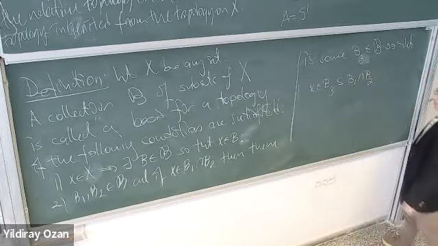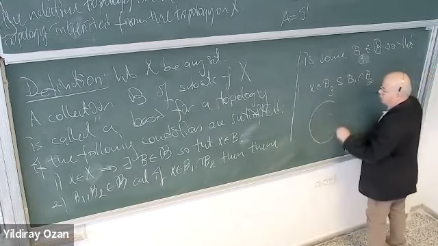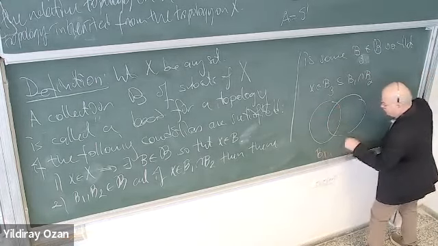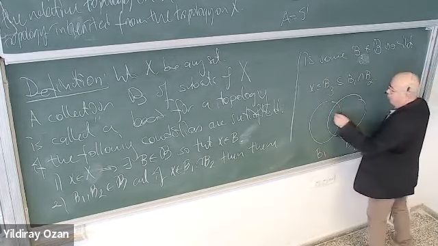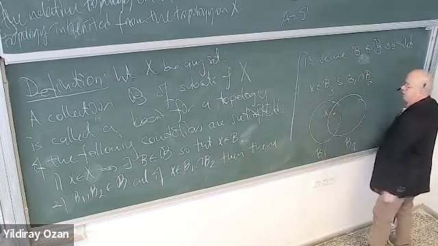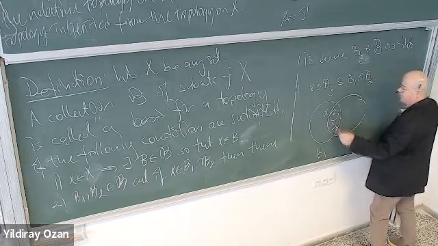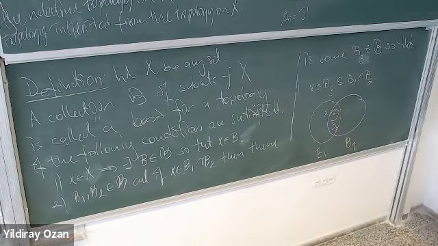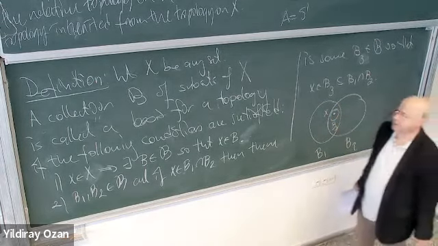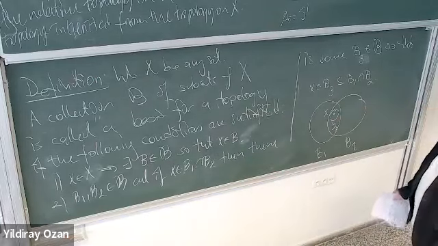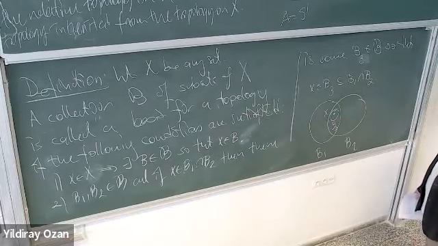Okay? So if you have two basis elements like this, for any point in the intersection, there is a third basis element which lies in the intersection. Okay? In this case, we say that beta is a basis for a topology on X.